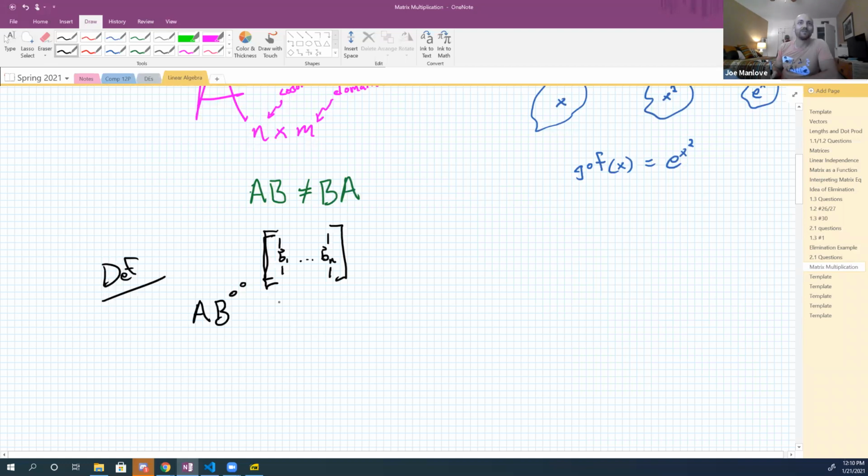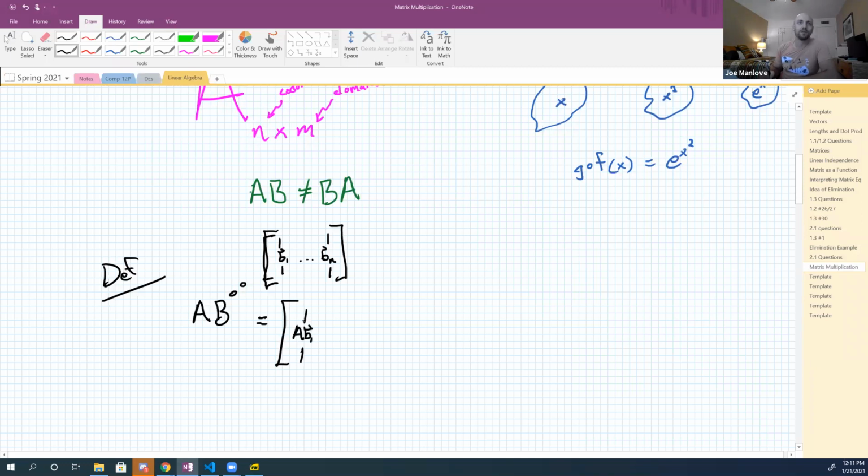Okay, so what I'm going to do is take my matrix A and multiply it by each of the column vectors, and that is going to make me a new matrix.